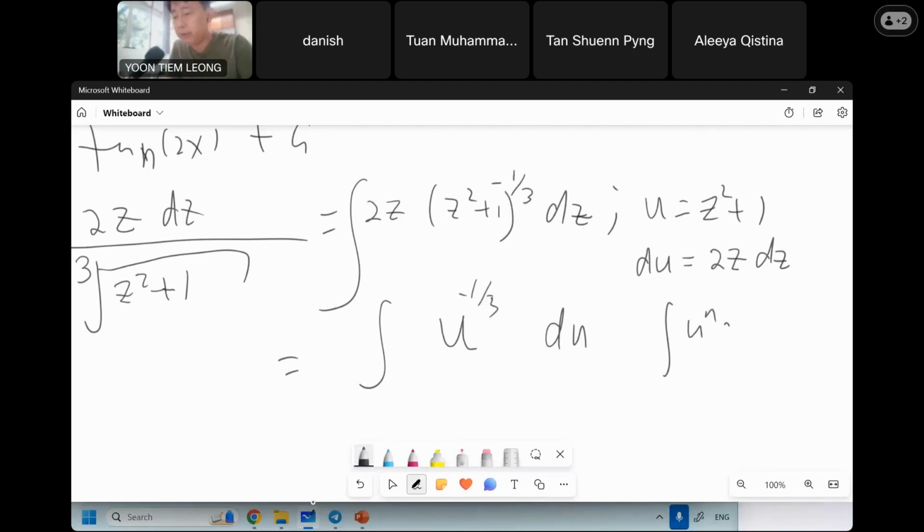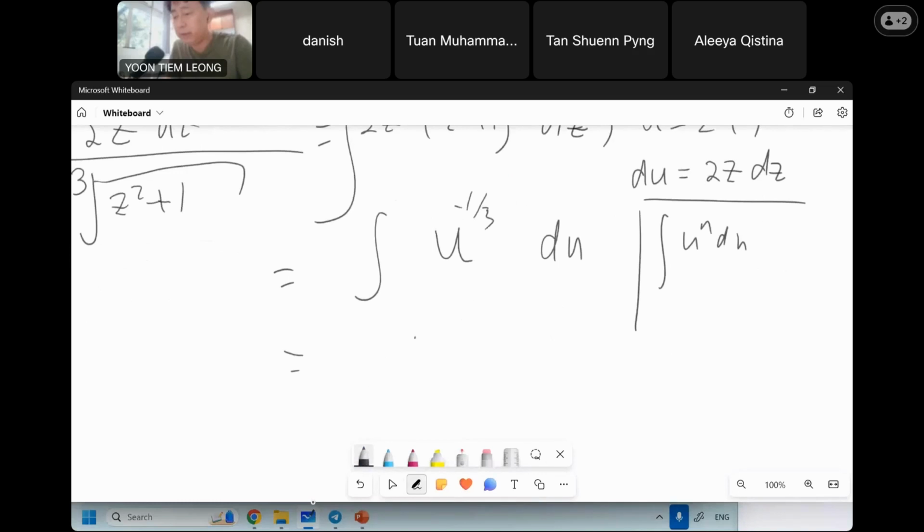Then you can write down the solution to this quite easily to be u to the power of n plus 1 over n plus 1 plus a constant. So here your n is minus 1/3, therefore you get 1 minus 1/3, which is 2/3, and you have u, which is z squared plus 1, and a constant c.